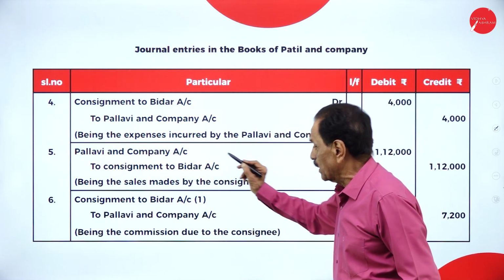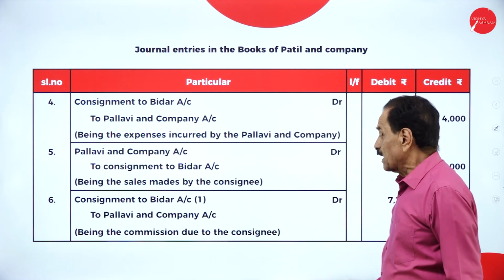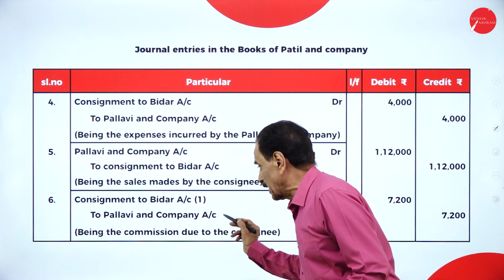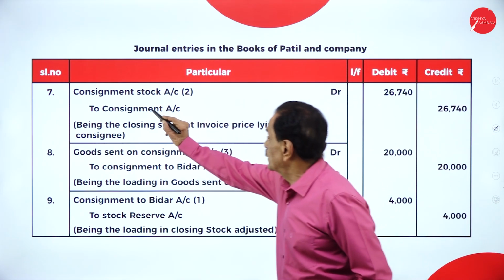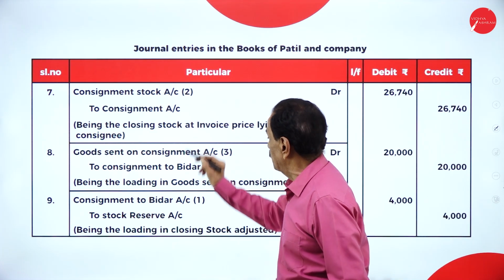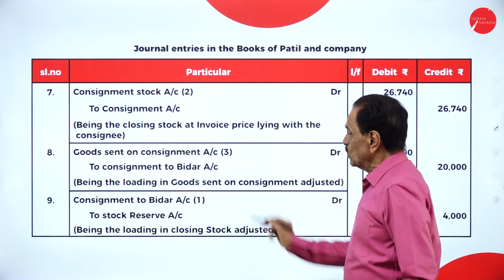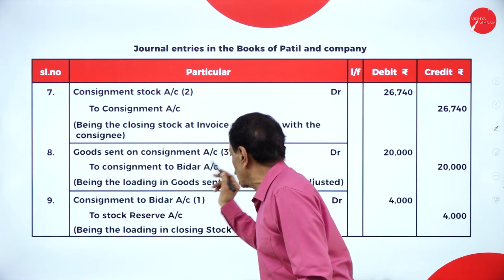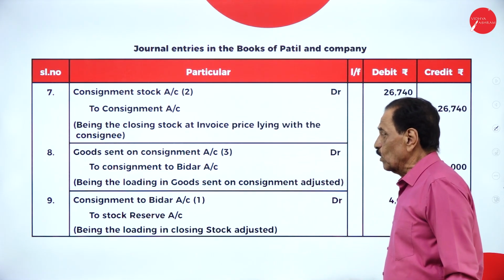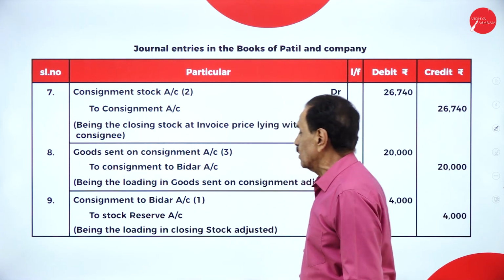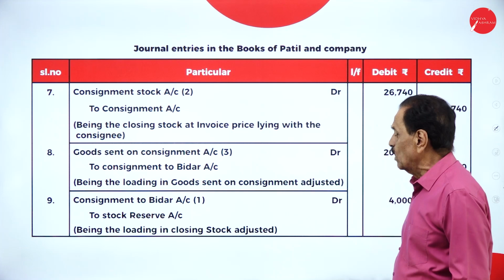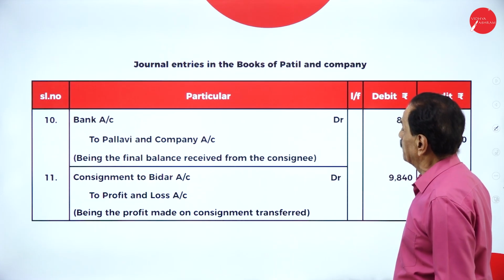Pallavi and Company Dr. to Consignment A/c, being the sale. Consignment A/c Dr. to Pallavi and Company, being the commission due to consignee. Consignment Stock A/c Dr. to Consignment A/c, being the closing stock. Goods Sent on Consignment A/c Dr. to Consignment A/c, being the loading on goods sent. Consignment A/c Dr. to Stock Reserve A/c, being the loading in closing stock adjusted.